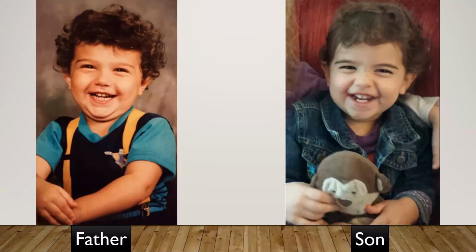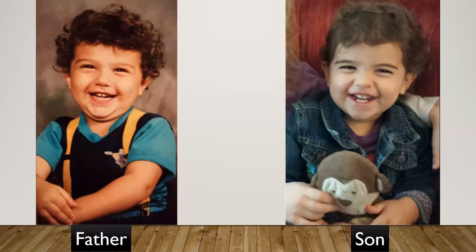Now just focus on the features. The cheeks are very much similar. Even the teeth are very similar, the arrangement. The hair is a bit curly, the same. The structure of the eyes and eyebrows is also the same. Yes, even the fluffy nose.